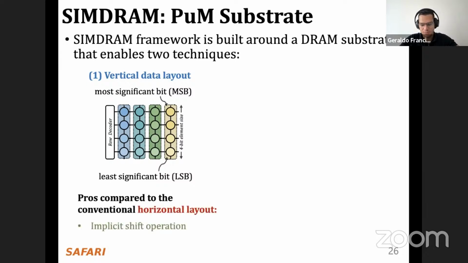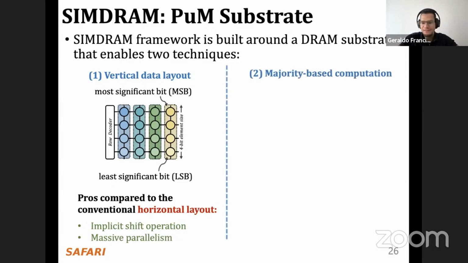And at the same time, each one of those bit lines that you have in DRAM is going to become an independent SIMD lane, because it can do computations independently of the other bit lines, and this enables massive parallelism inside the DRAM array itself.